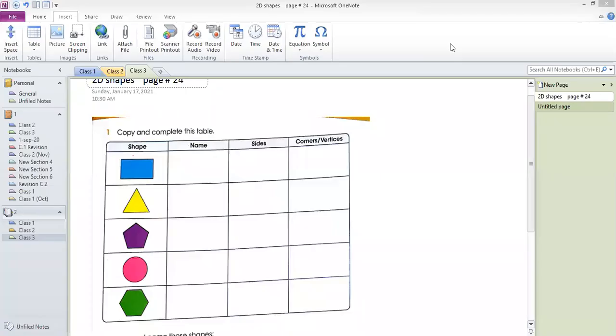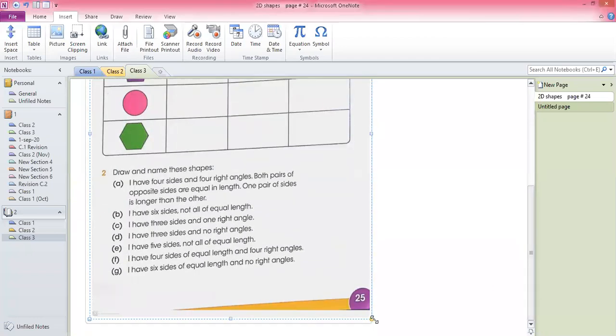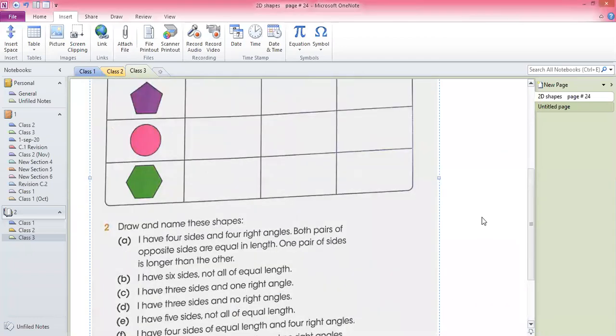Page number 24. And please let me know whether you can see the screen or not. Can you see the screen, guys? Yes, sir.